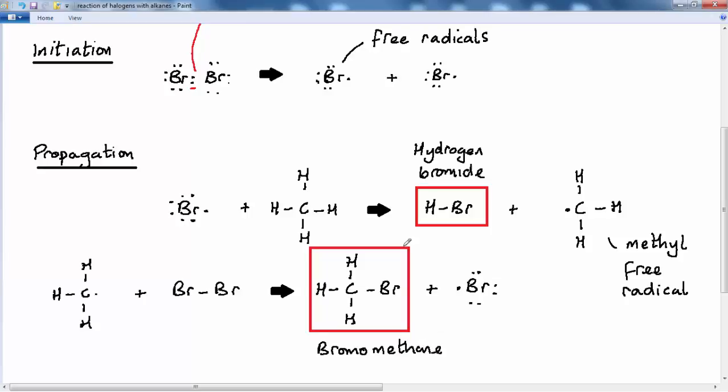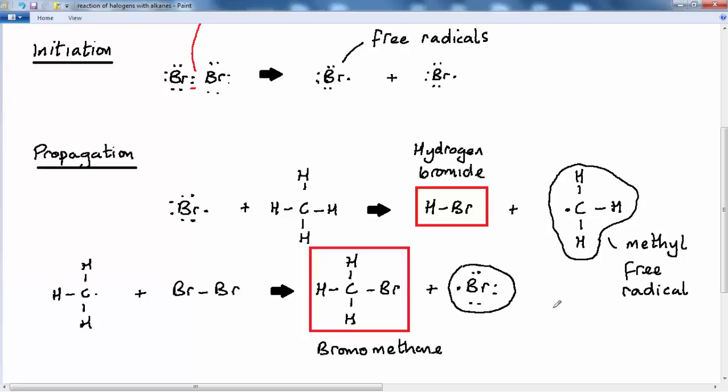We've got these free radicals hanging around in this mixture of different substances. This propagation phase will continue until these free radicals get completely used up.